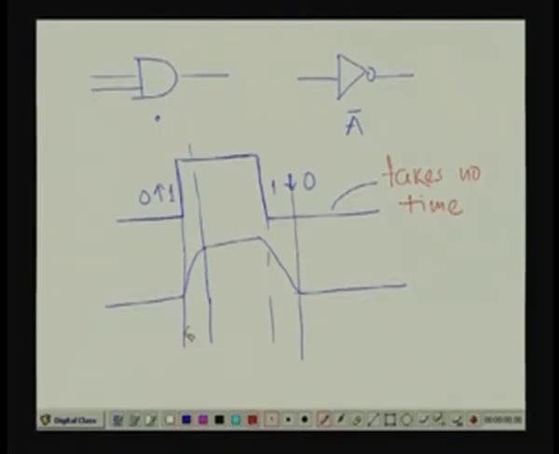So this is the time it needs for the rise, and this is the time it needs for the fall. So these we are calling the rise time, and this we are calling the fall time. Now in real life it takes some time. If the x axis is the time axis, then it takes some finite time for this switching, either from 0 to 1 or from 1 to 0.